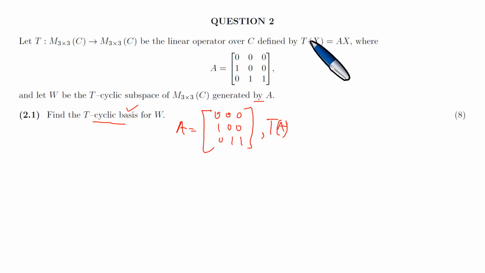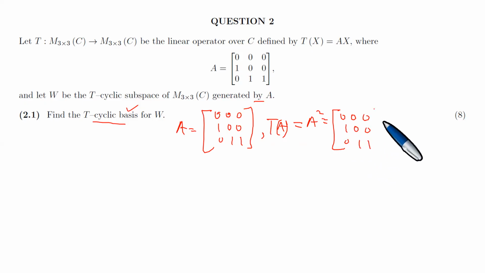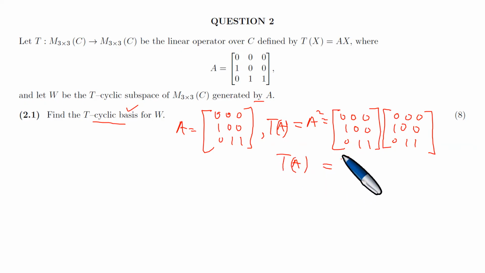According to this definition, what is TA? If we replace every x by A, TA is equal to A times A, which is A squared. What is A squared? It is 0, 0, 0, 0, 0, 0, 1, 1 times itself.